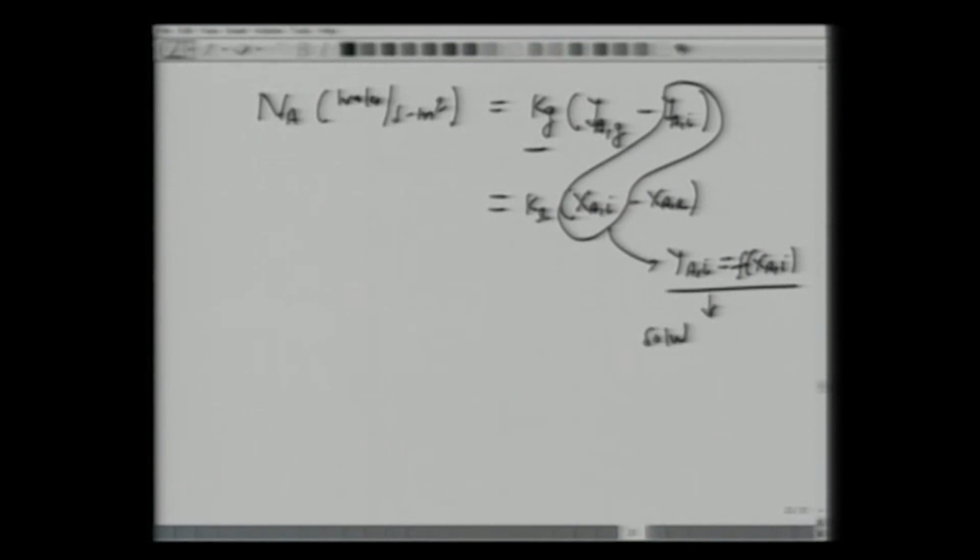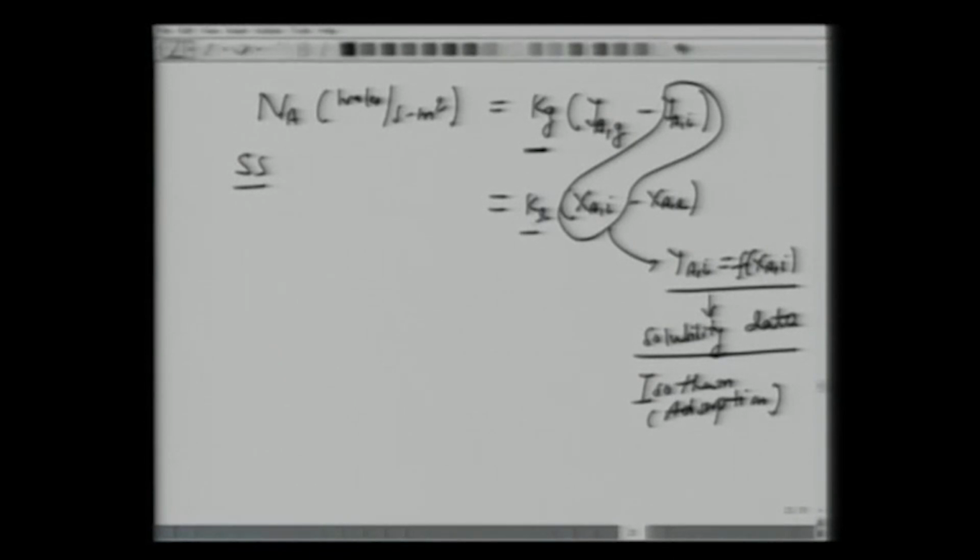If you're talking of absorption of ammonia in water, it is nothing but solubility data. If you're talking of adsorption of sulfur dioxide on solids like charcoal, then we call it isotherms, or to be more precise, adsorption isotherms.